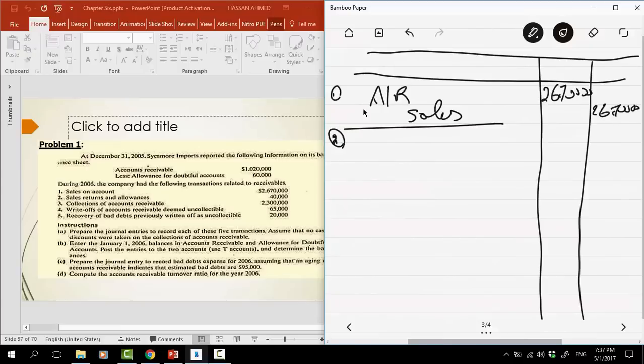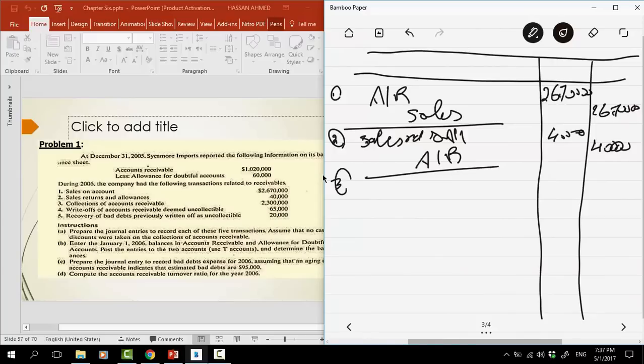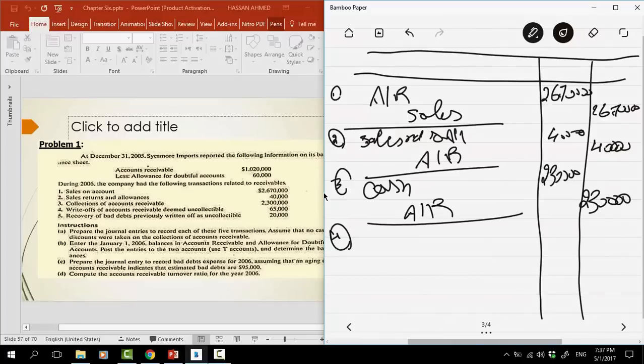Number 2, sales return 40,000. Then we will record sales return and allowance and accounts receivable with 40,000, 40,000. Number 3, collection of the accounts receivable: cash and accounts receivable, 2,300,000, 2,300,000.